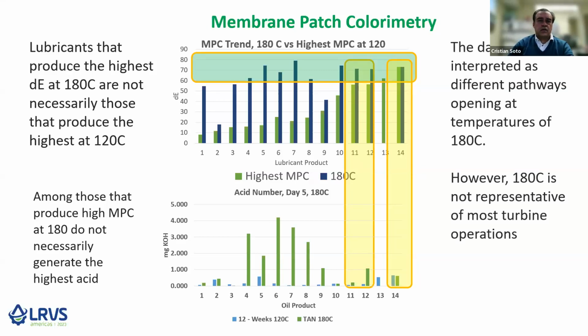Now, what else can we surmise from this is that, once again, different reaction pathways open up at 180 degrees compared to those at 120. It's worthwhile mentioning that 180 degrees is a temperature well exceeding what is typically encountered in turbine operations.